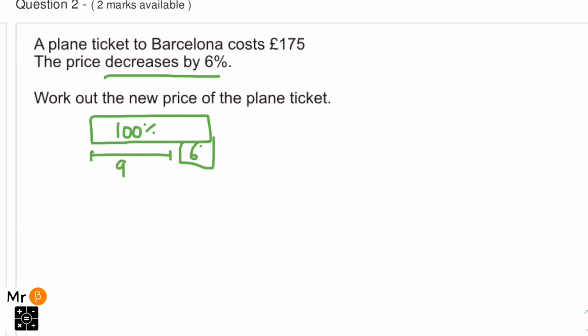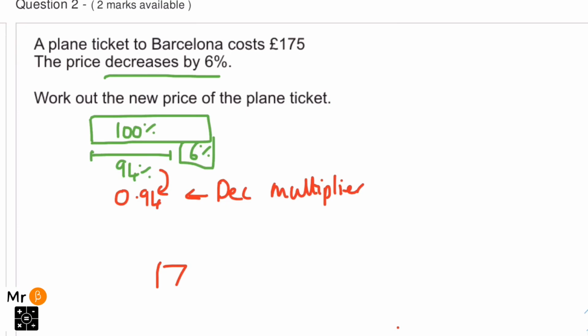Therefore, we have 94% left over, because 100 subtract 6 is 94. Change this into a decimal by dividing by 100, and this time you've worked out your decrease multiplier. So now you take your ticket price, multiply it by your decrease multiplier, and you'll get your answer of £164.50.